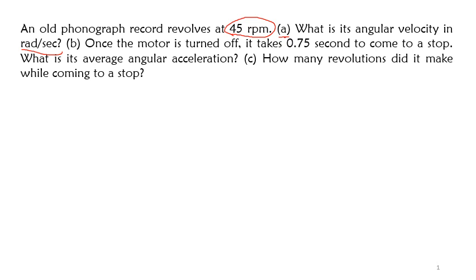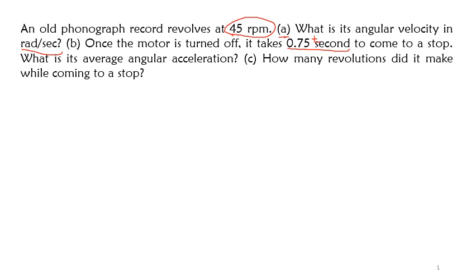Then that phonograph is revolving. Then someone decided to stop it and it took 0.75 seconds for it to come to a stop. So the time to come to a stop is 0.75 seconds.